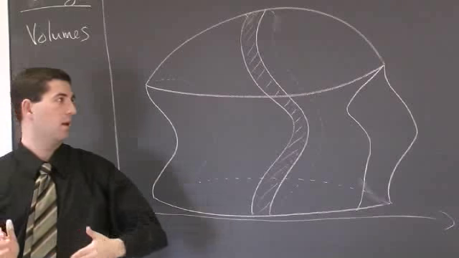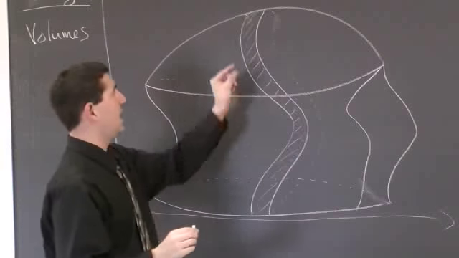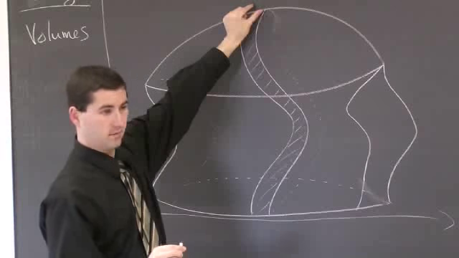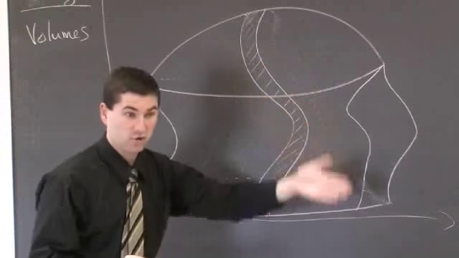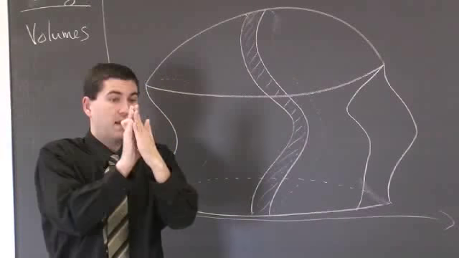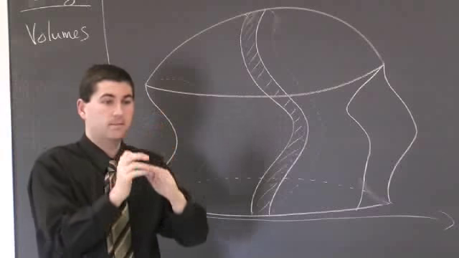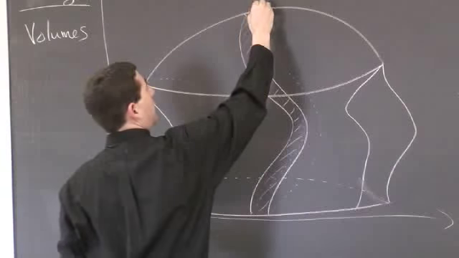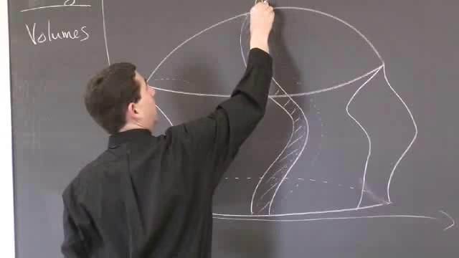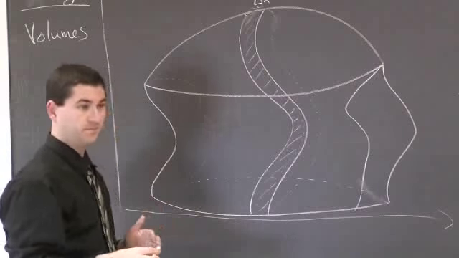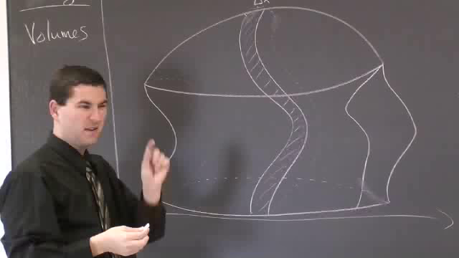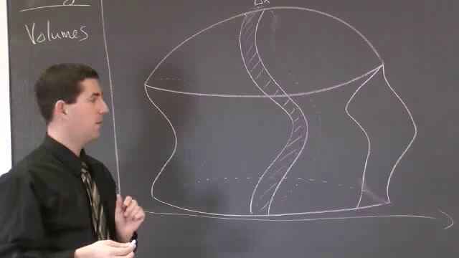Now, let's say I take that area, that cross section, and I start expanding it, just a little bit. Well, how much should I expand it? Let's say I expand it by delta x, by some little amount.